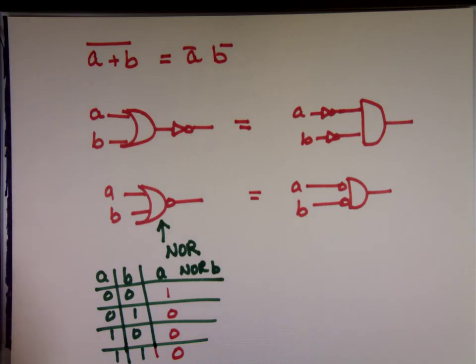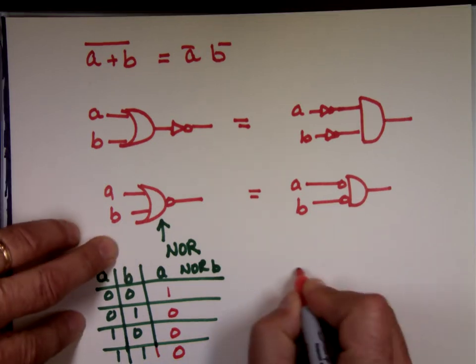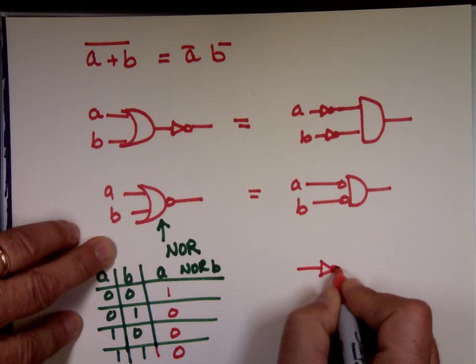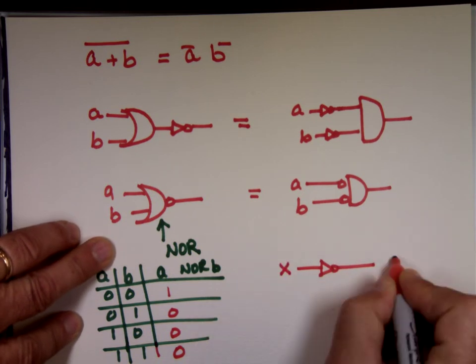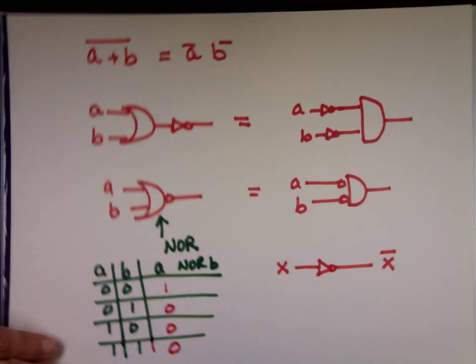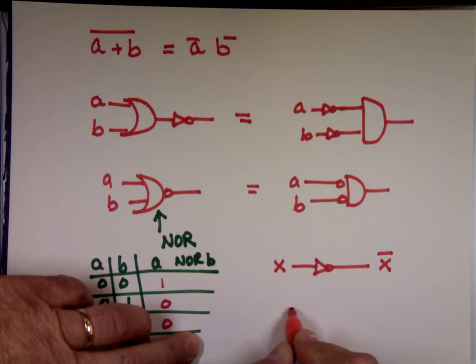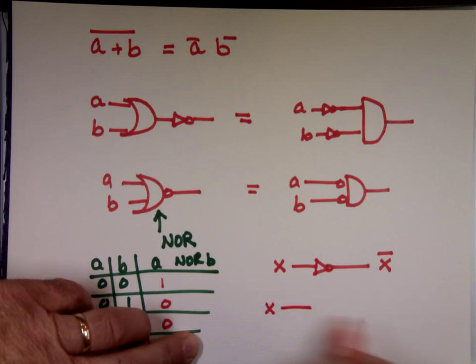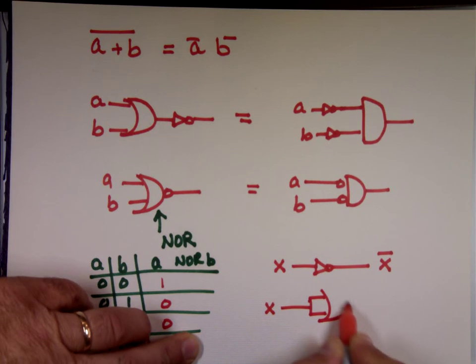Now, watch this. I'm in the lab and I want a NOT gate. And I don't have a NOT gate. I need you to take X and get X naught out of it. Now I don't have a NOT gate. For some reason I lost a sleeve with all the NOT gates in it. Can I do this? Take a NOR gate and do this to it.